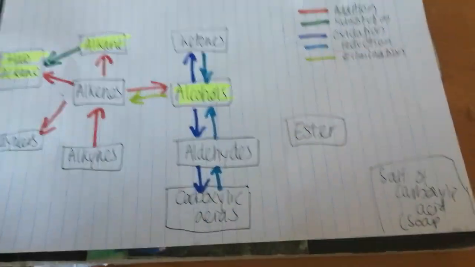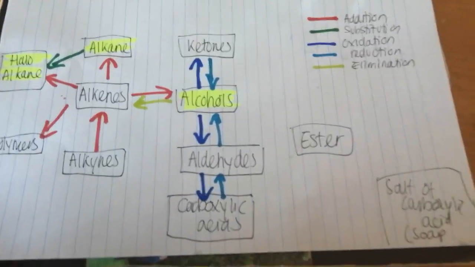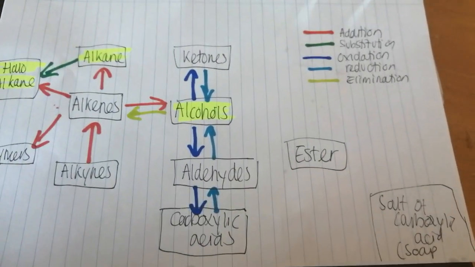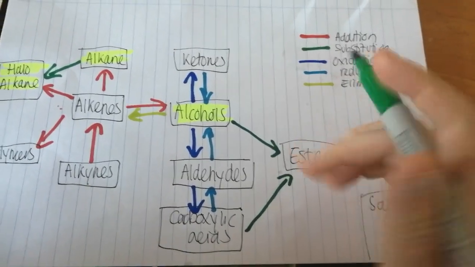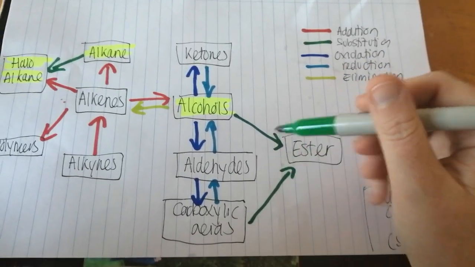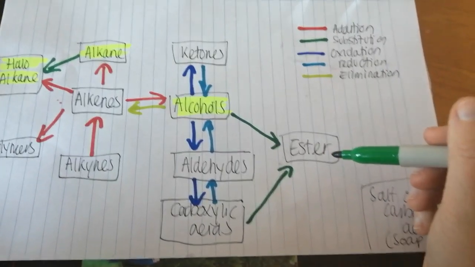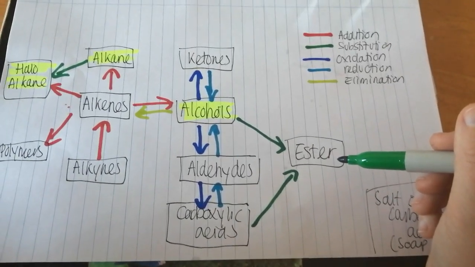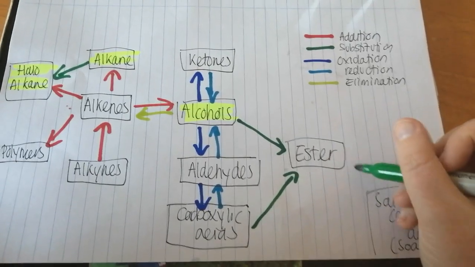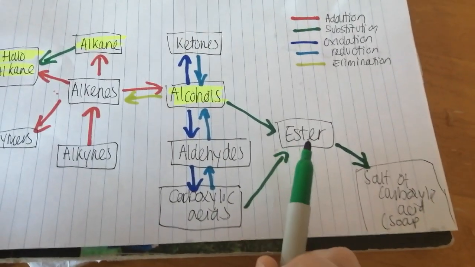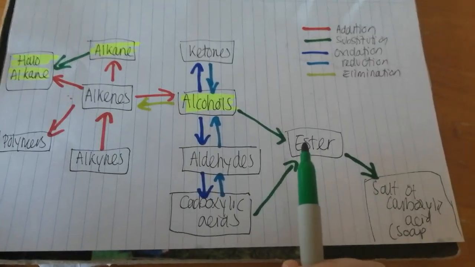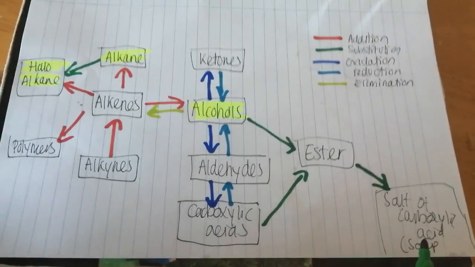That's an example of a substitution reaction. And you also have the alcohols and the carboxylic acids coming together to make your ester. You pull off the OH and the H to make an ester, and you'll actually have water made as well there. And this last one, an ester, such as vegetable oil that we used, can be used to make a soap. We'll talk about that in a sec.